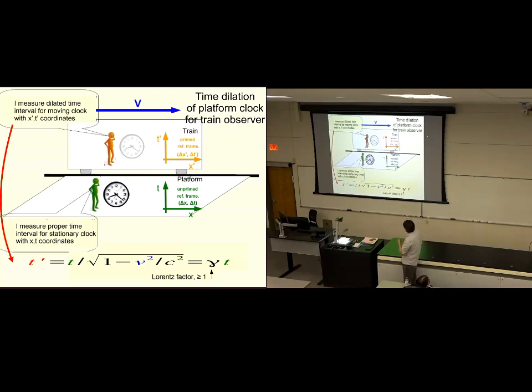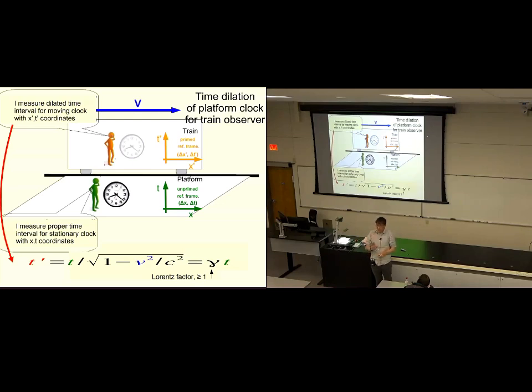In the platform and in the train is what we're going to call the station clock and the train clock. So every station has a clock on the wall. That's the station clock. A lot of trains have a clock in the carriage. That's the train clock.